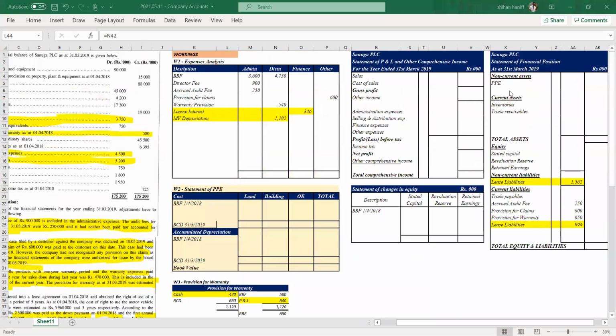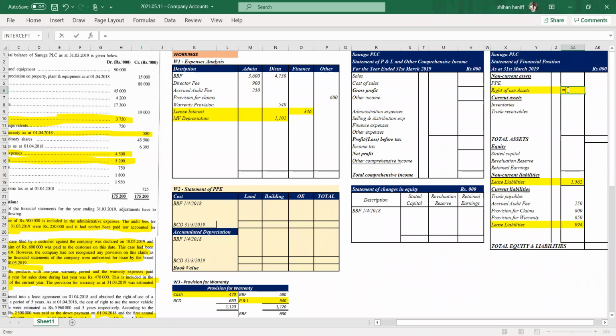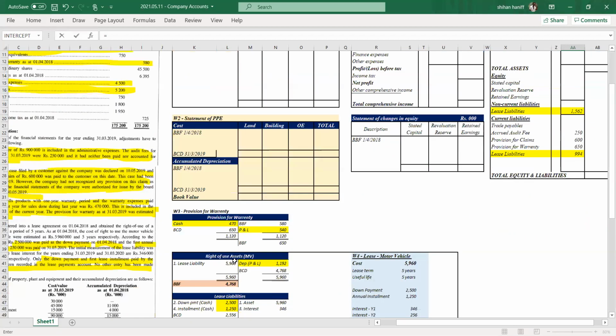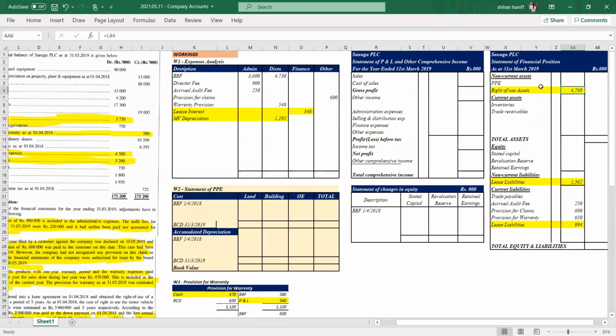You have to take it under non-current asset, right of use assets. That has to be taken under non-current asset. We don't take it to the PPE. Better to show that separately in your statement of financial position. 4,768, right of use asset.